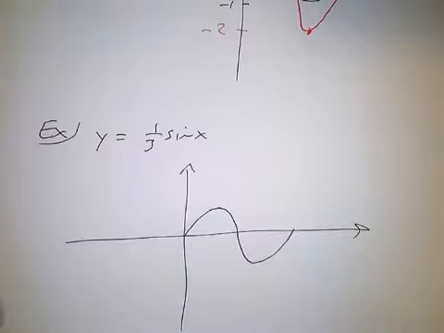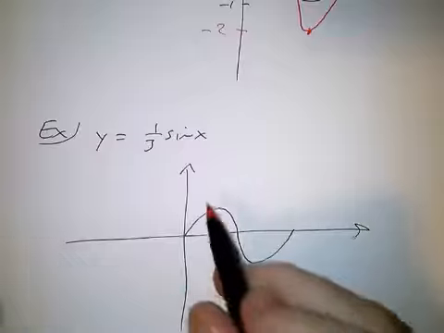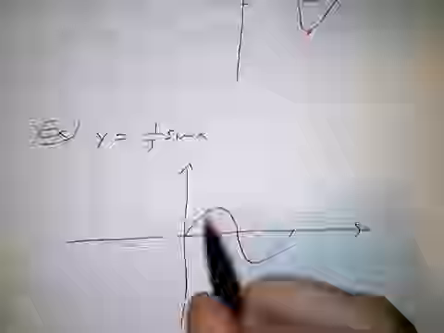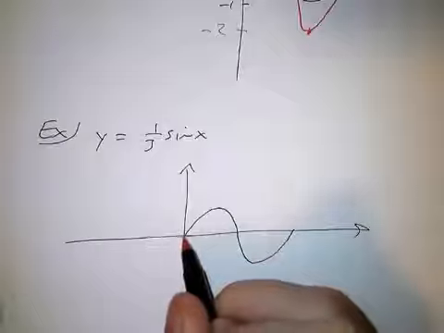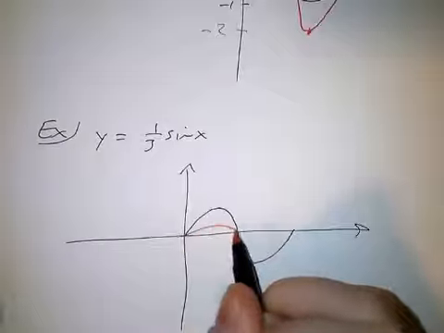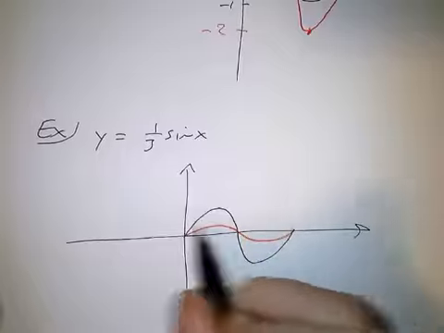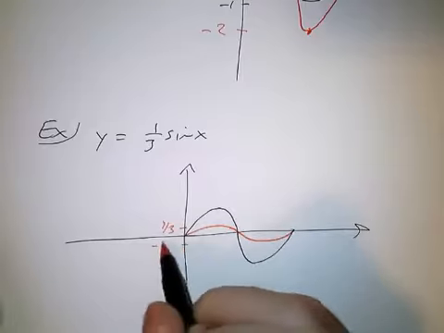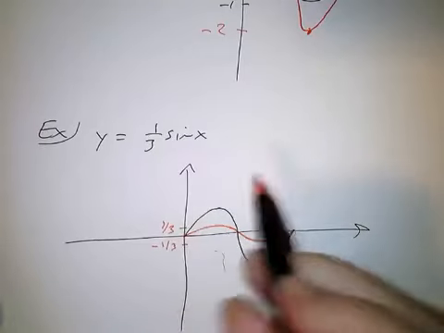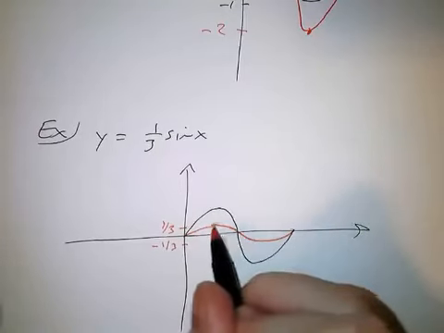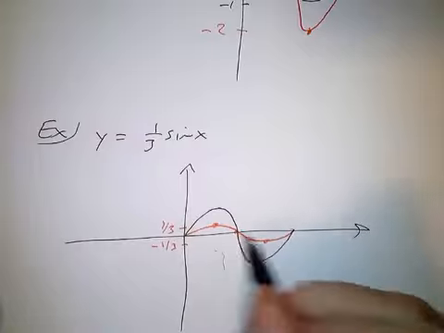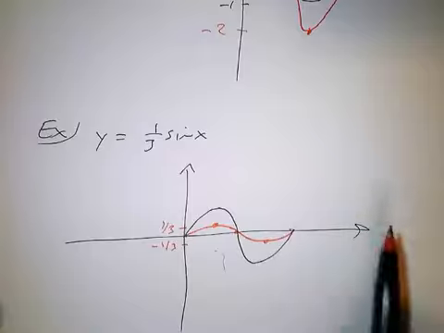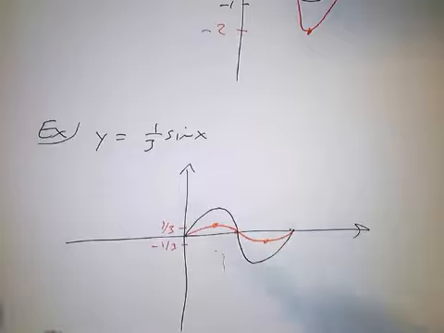But now my y values are going to be shrunk by a factor of 1/3. So I'm going to be up to 1/3, down to negative 1/3 for these 2 points, and all the other points are the same. So this is shrinking here.